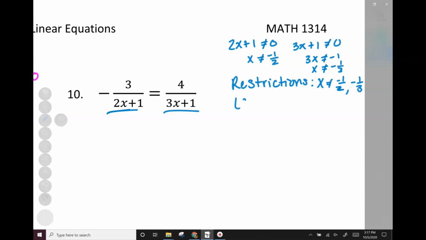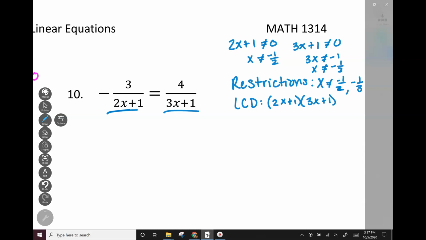Now let's get our LCD, our least common denominator. And for this one, that's just going to be the product of both denominators. So 2x plus 1 times 3x plus 1. We need to multiply both sides of our equation by that.